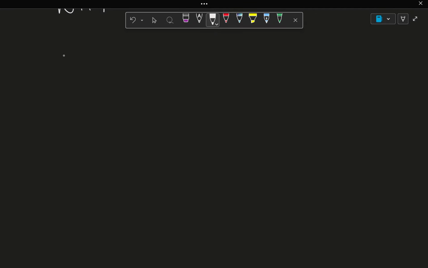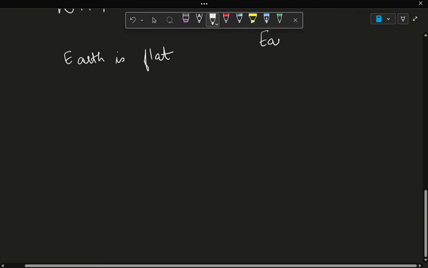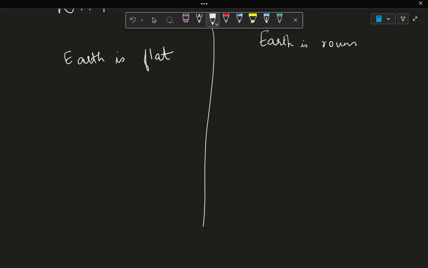One assumed that the Earth is flat, another assumed that the Earth is round. Both models explain certain observations, right?